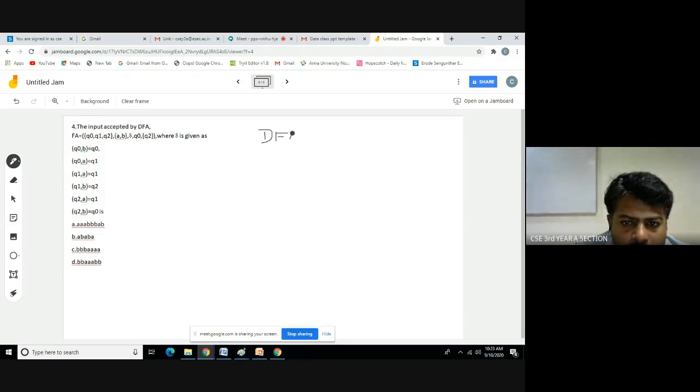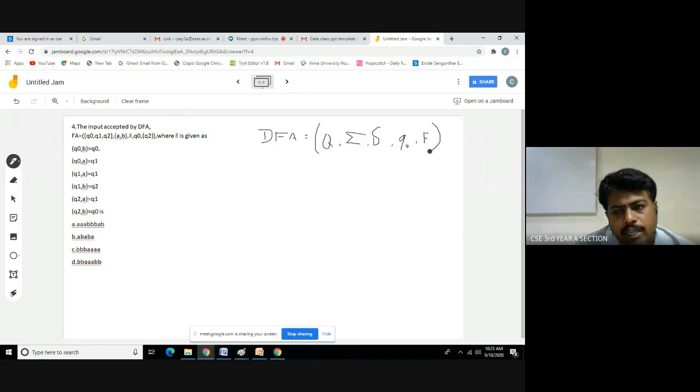The 5 tuples should be available: capital Q, your alphabet, your transition, your start state, and the set of accepting or final states. Everyone should know about these 5 tuples. These 5 tuples are what represent the given question.